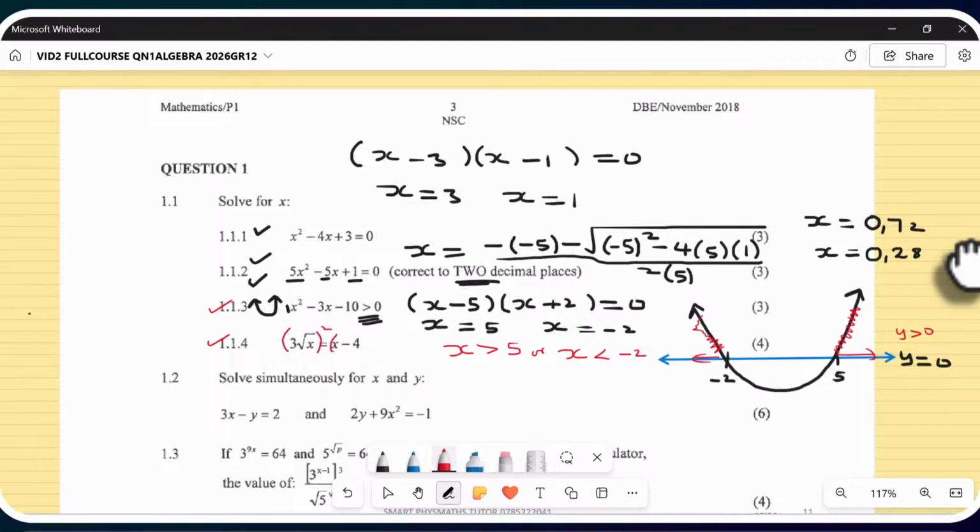Then the root is going to cancel with the square, ne? So that's 9x equals x squared. Now 2 times x times minus 4, that's minus 8x, then plus 16.